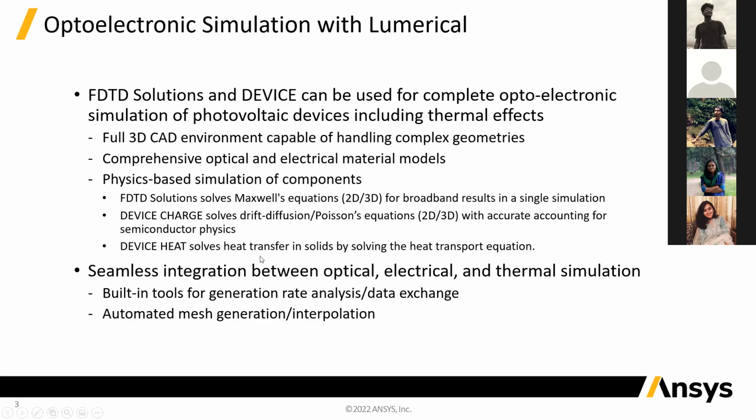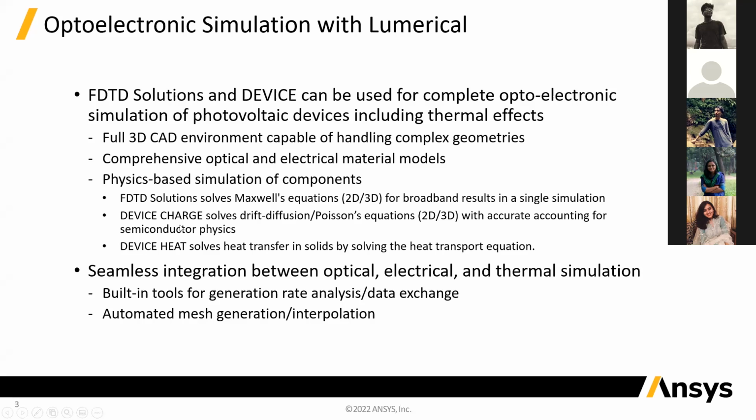Like FDTD would allow you to solve Maxwell's equation for broadband simulation, and that's important specifically for solar cells because you're capturing sunlight, which has a very broad spectrum. And the advantage of FDTD is that since it's a time domain simulation, you can run a single simulation, and that'll allow you to capture the effect of the entire solar spectrum, or the entire wavelength spectrum, with a single simulation.